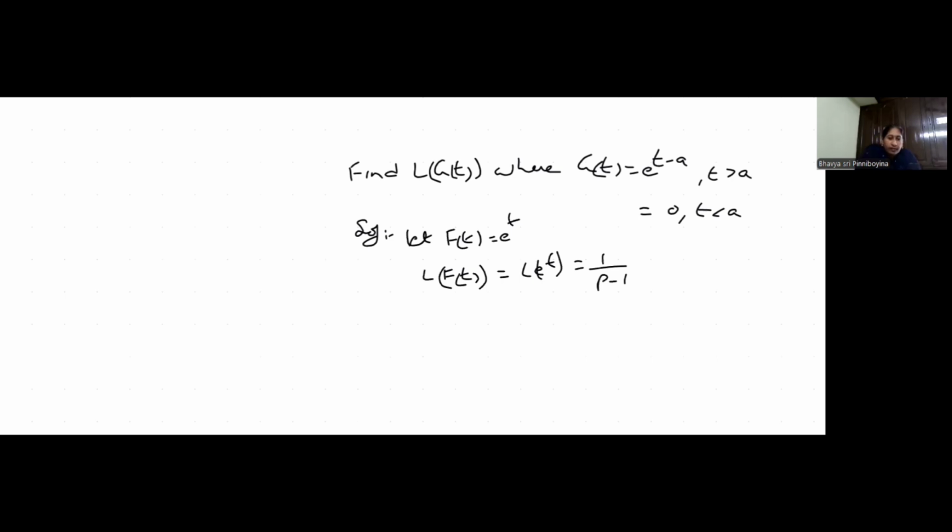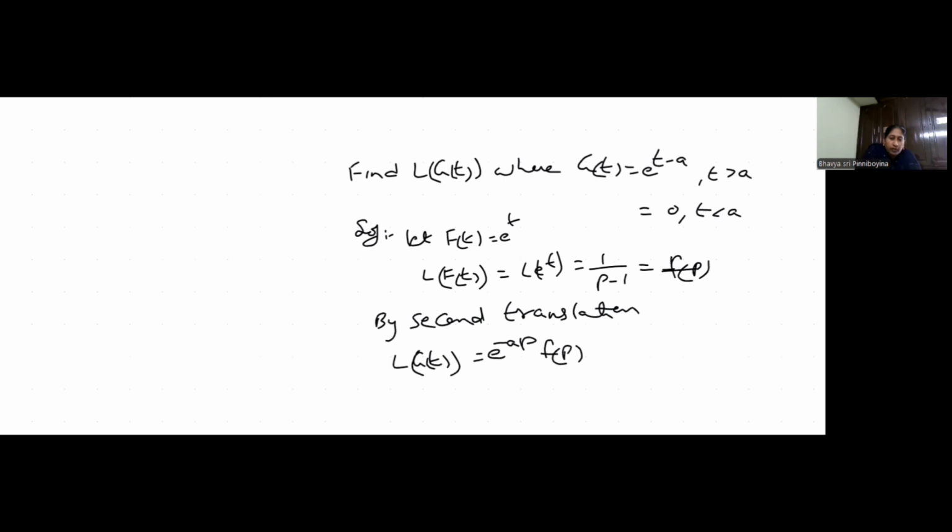Then by the second translation theorem, Laplace of g of t is equal to e power minus ap into f of p. Here f of p is 1 by p minus a.